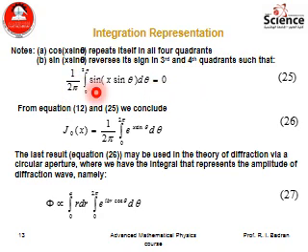That will give this one a value of 0, while retaining the cosine integrand in equation 24. So from equations 12 and 25, we conclude that J naught is 1 over 2 pi times the integral over a full cycle of e to the power i x sine theta d theta.